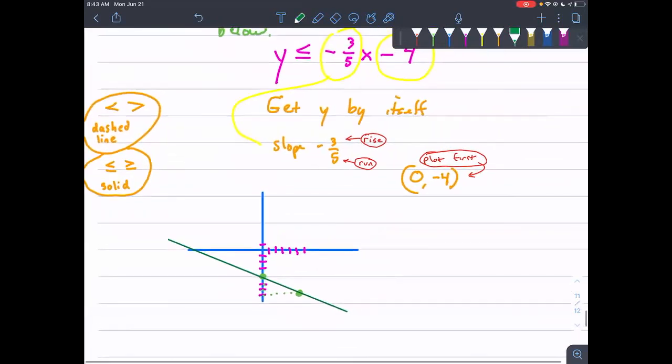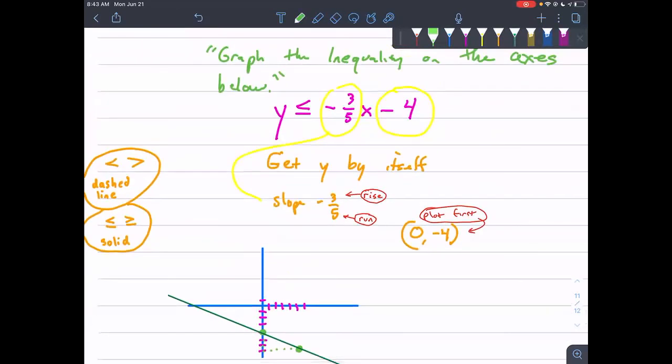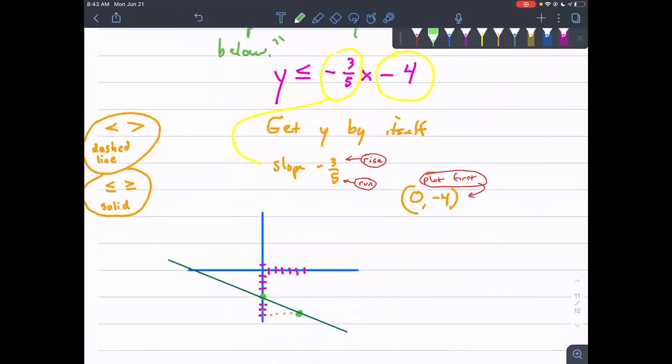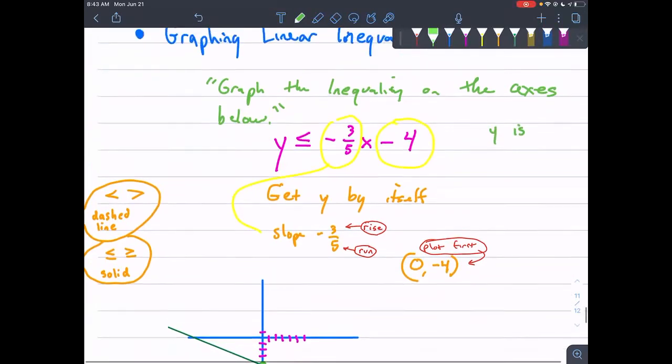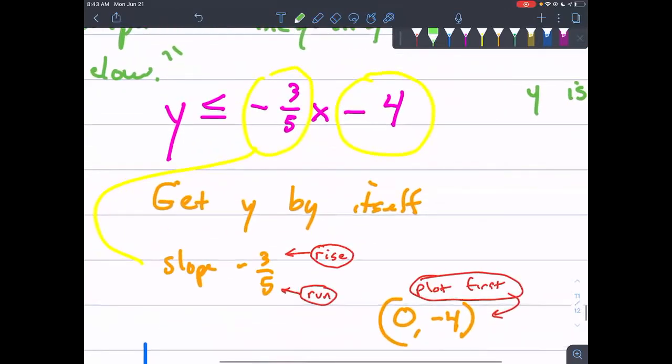Okay, hopefully you guys are following this, because I got a lot of things I need to point out on that. Is y greater or less here?